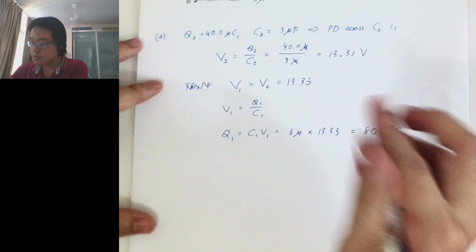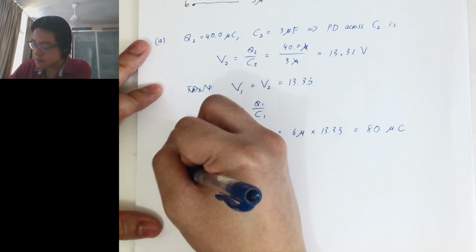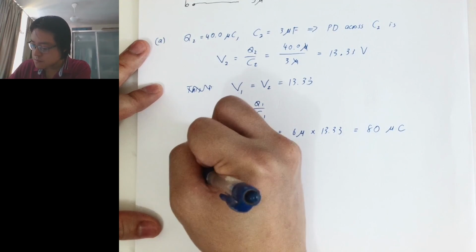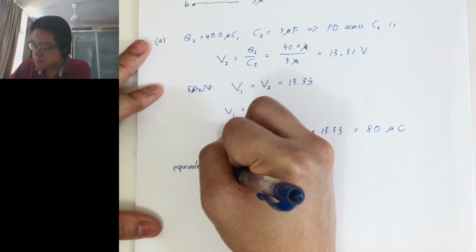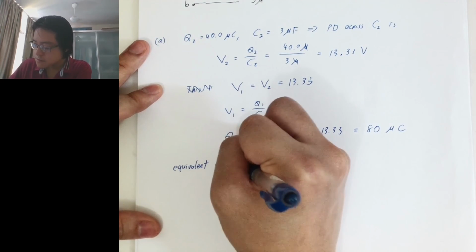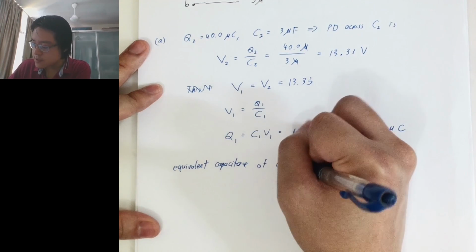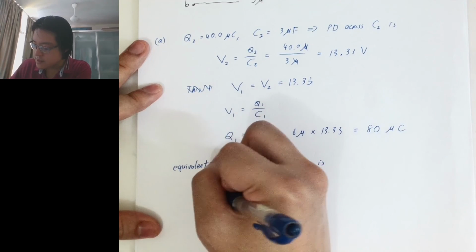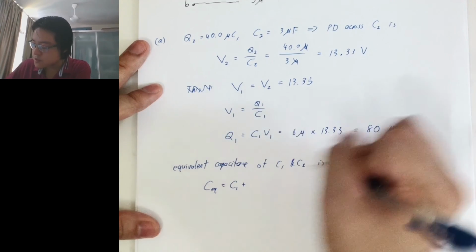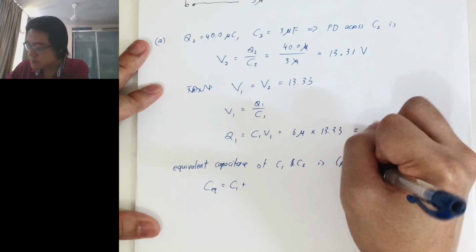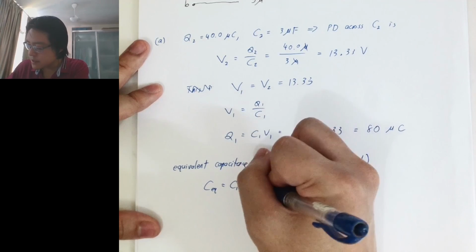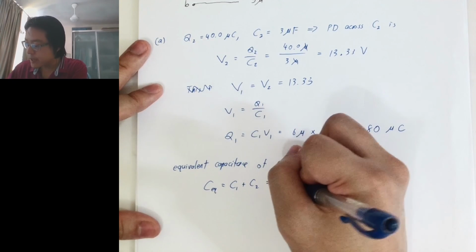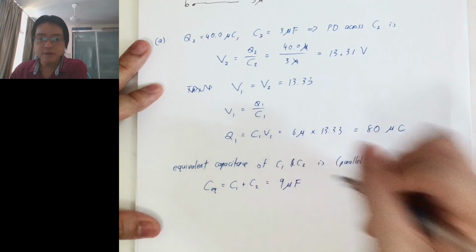So the equivalent capacitance of C1 and C2 is, this is parallel, so it's just C1 plus C2, and we have found this to be 9 microfarad, right?